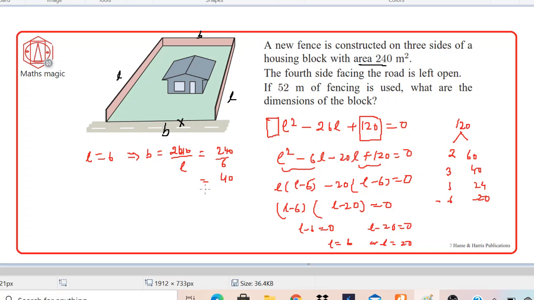So the first dimension you got is 6 times 40. Now for the second, if your L is 20, then B is going to be again 240 over L, and 240 over 20 gives 12. So the second dimension is 20 into 12. So this is the answer for this question.